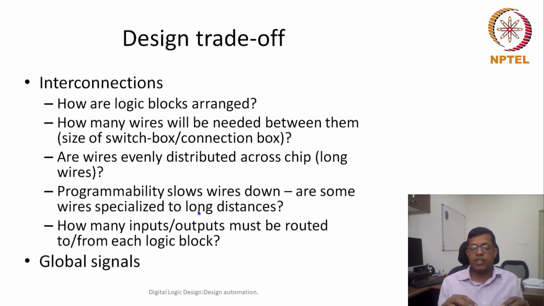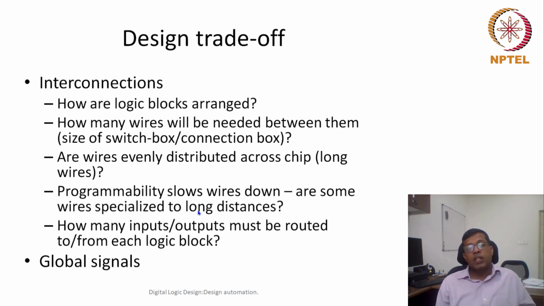So basically the wire which you would like to connect from one particular unit to another unit, some of the units are spaced quite far, some of the units are spaced quite near. So these are all different kinds of issues, which also raise the question whether the wires should be distributed uniformly or non-uniformly, or whether some of the wires could be long wires and some of the wires could be short wires. All of these become design questions: how should we design these internal wires, interconnections.